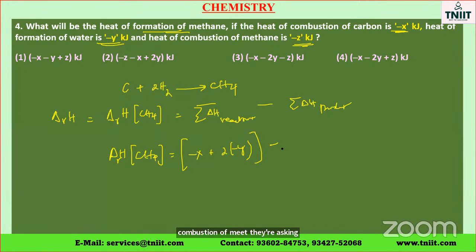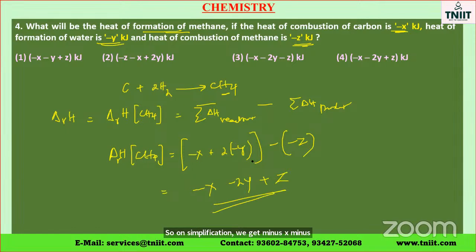Combustion of methane they've given us; minus of product, and the product is methane, so minus of minus Z. So on simplification, we get minus X minus 2Y plus Z. Open up the brackets so you will get this. Minus into minus is plus. So answer for this question is option 4. And the energy is in terms of kilojoules. You can write kilojoules.